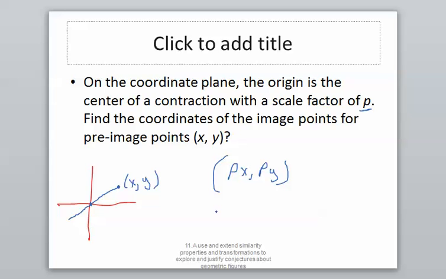Now, a couple of things here. If p is a positive number, then my scale factor is going to cause it to go out this direction. If p is a negative number, it would cause it to go this direction. Cool? We don't really know. We're just using this as a generic term.